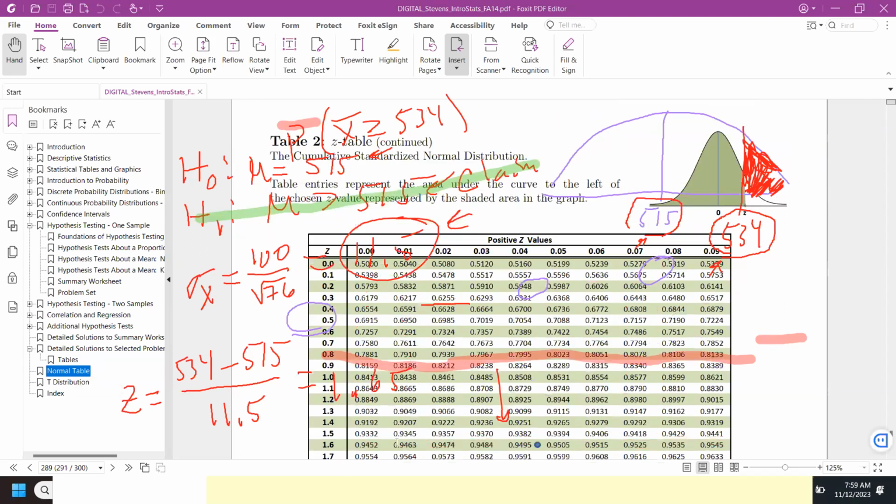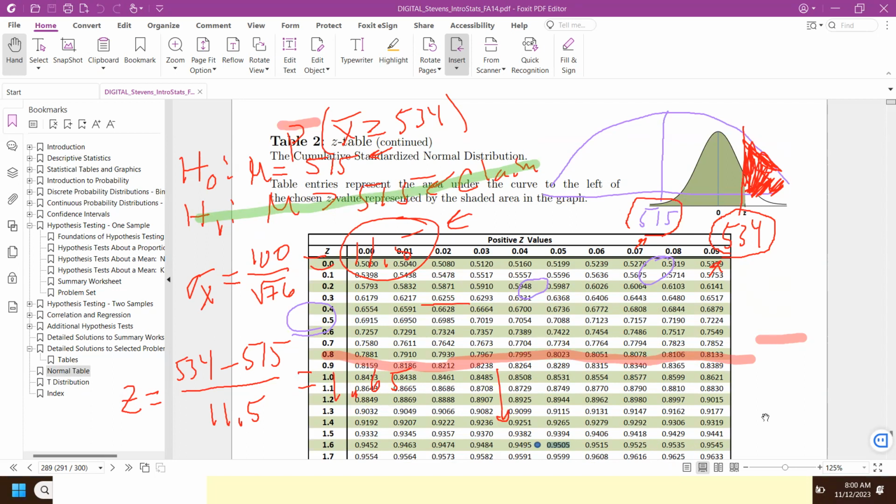Here we go. I know I'm sorry about all the writing, but I don't want to erase it all. I'm seeing that's the area to the left. See how actually that lined up kind of nice. The table always tells us the area to the left, and we want the area to the right. So we've got to take 1 and subtract that 0.9505, which I probably could do in my head.